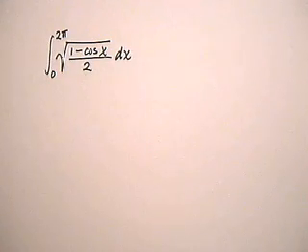Well, always keep in mind the double angle formulas when you're dealing with these indefinite or definite integrals involving sines and cosines. Let's look at an example. Here I want to do the definite integral from 0 to 2 pi of the square root of the quantity 1 minus cosine x all over 2.